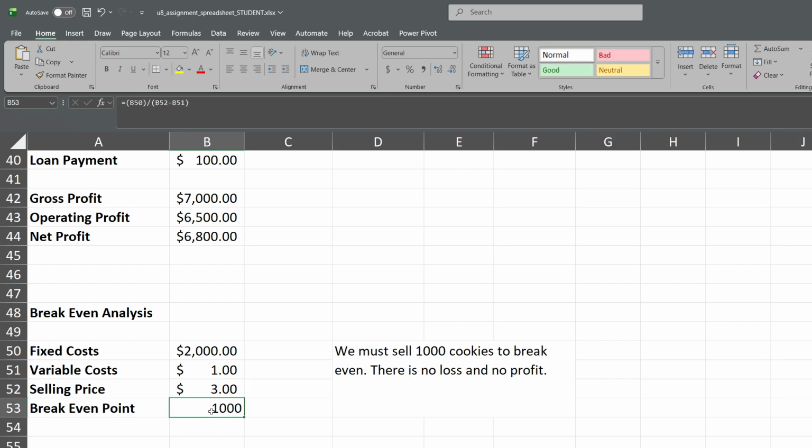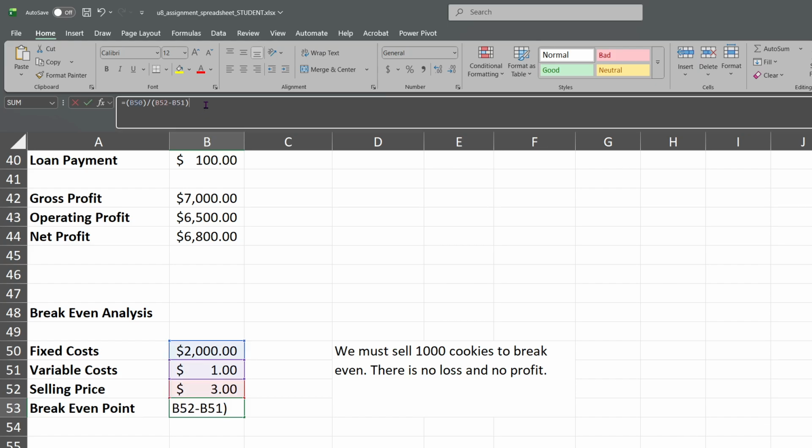And in order to calculate our break-even point, what we have to do, if you look up here, is take our fixed costs and divide it by the difference between our selling price and our variable costs. So one way to look at this is in the denominator. The difference between our variable costs and selling costs is $2.